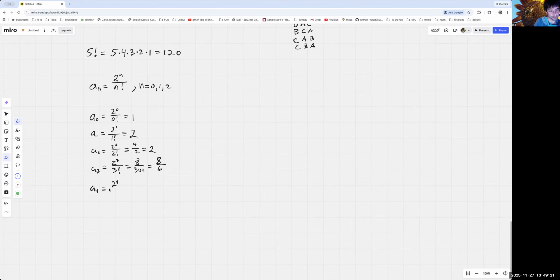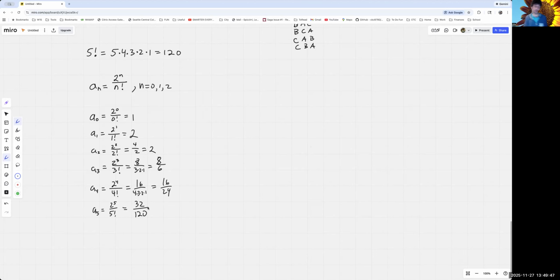A4 is going to be 2 to the 4th over 4 factorial. So 2 to the 4th is 16 over 4 times 3 times 2 times 1, 16 over 24. And then let's do one more. A5 will be 2 to the 5th over 5 factorial, or 32 over, we just did this one, 120.